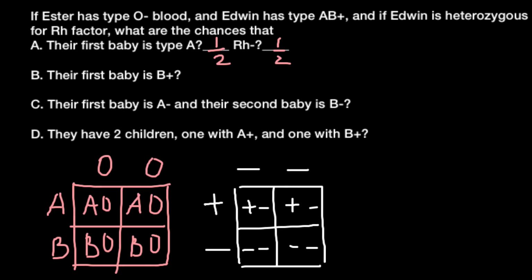Next question. The first baby is B positive. Once again, the probability that the first child would belong to blood group B would be 1/2. And the probability that the first child would be Rh positive would be 1/2.